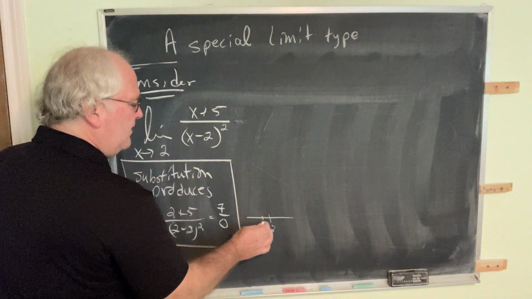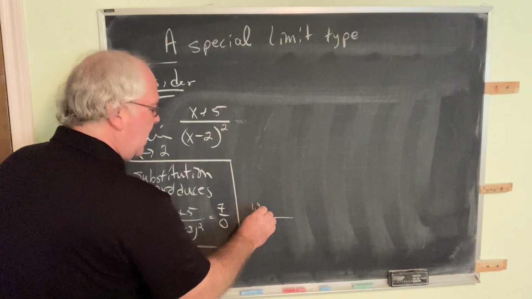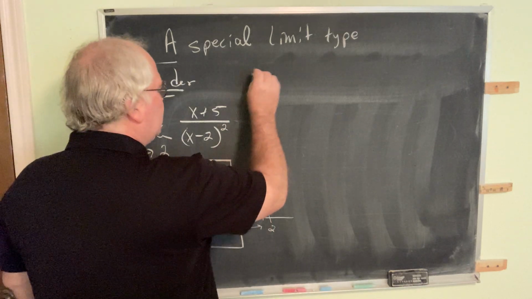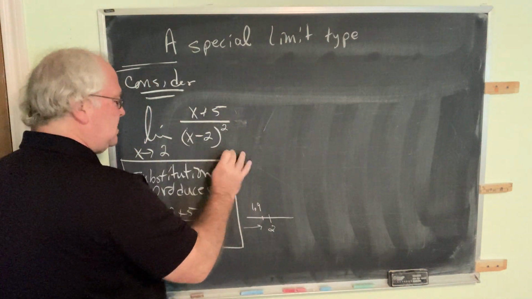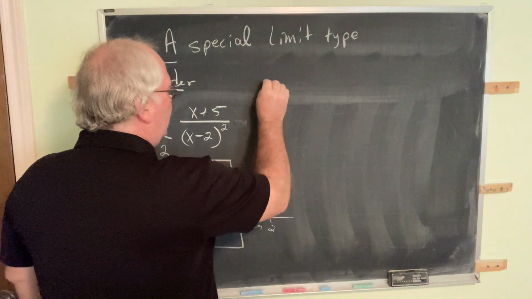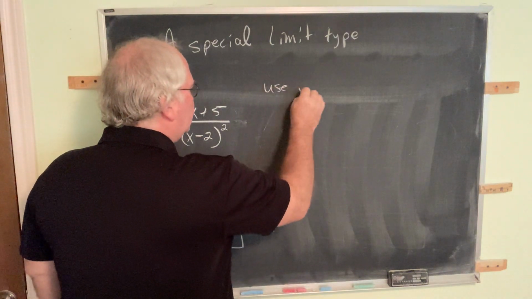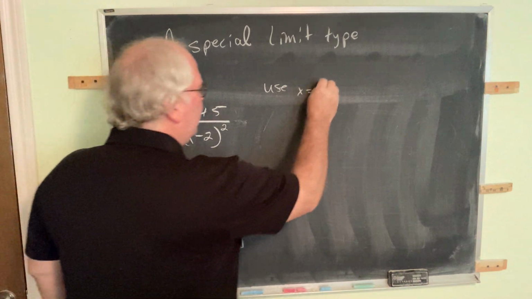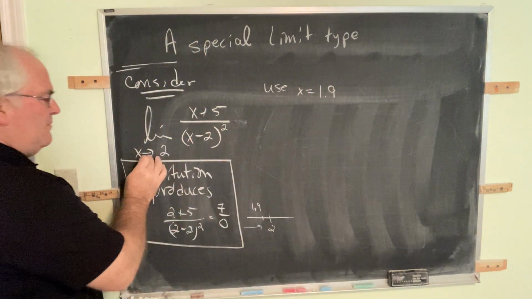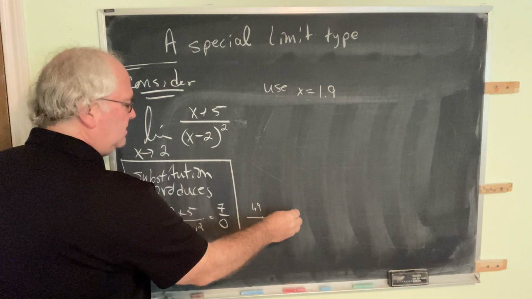So the value 1/10 less than that is 1.9. I'm not even going to put an equal sign because that's not what this is equal to. We will use x equals 1.9.